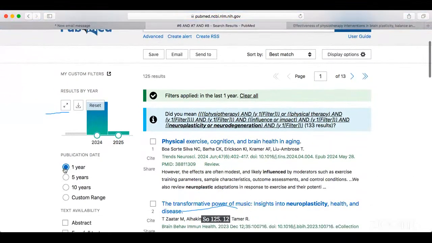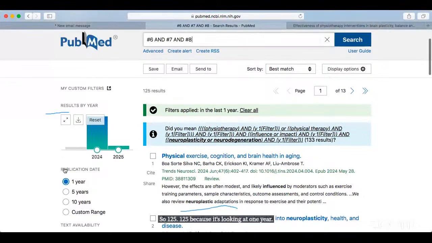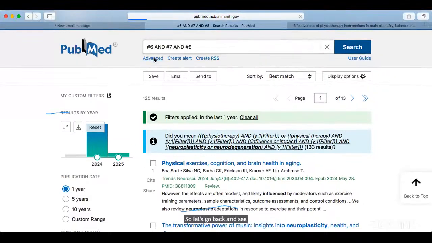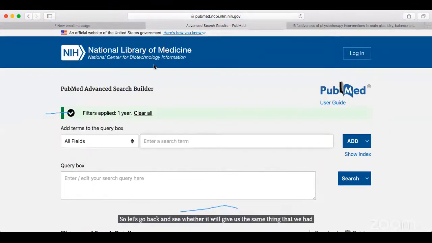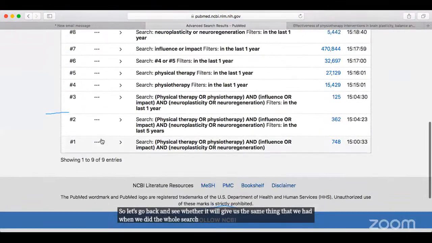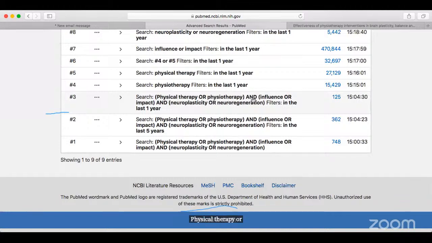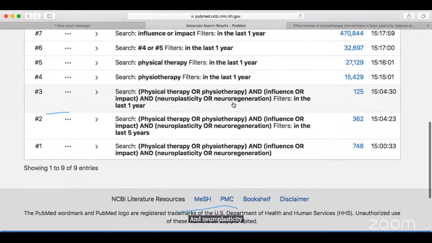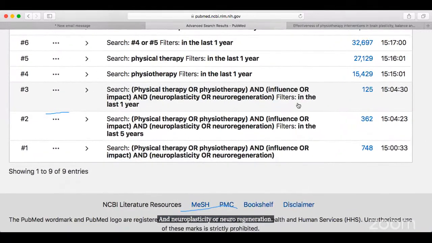125 because it's looking at 1 year. So let's go back and see whether it will give us the same thing that we had when we did the whole search at the same time. #3, physical therapy or physiotherapy, and influence or impact, and neuroplasticity or neuroregeneration. But this is filter 1 year. It gave us 125.